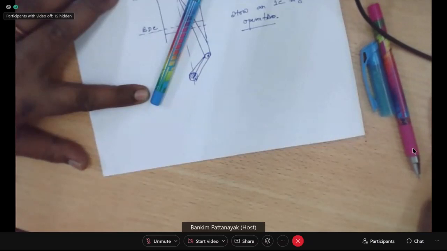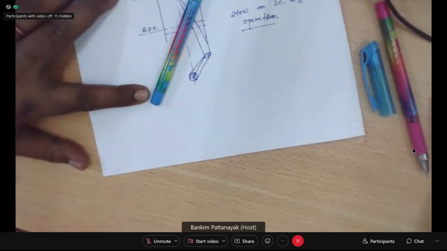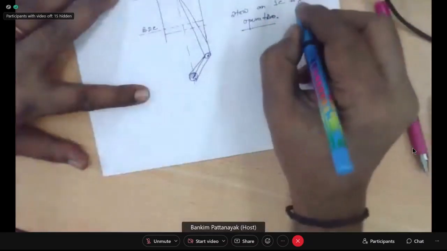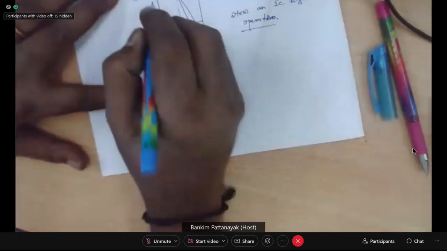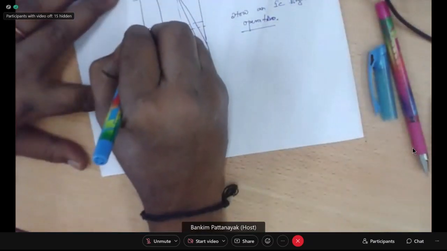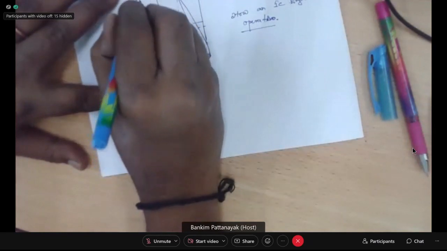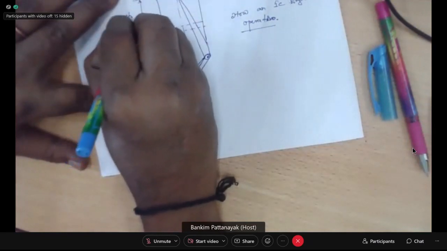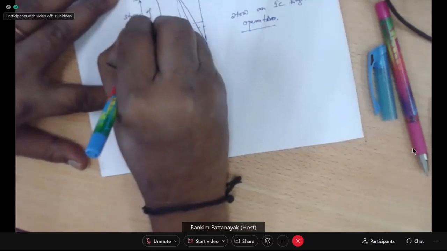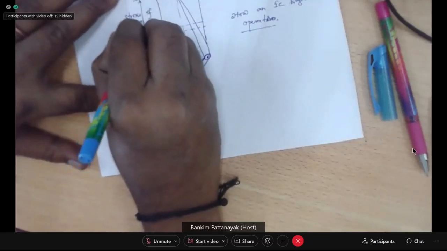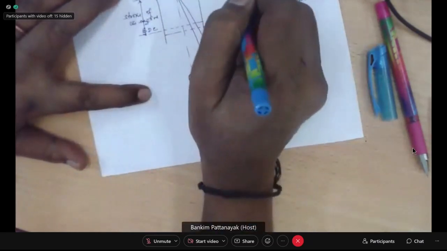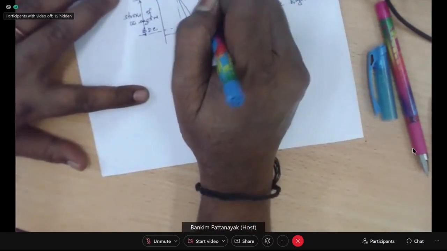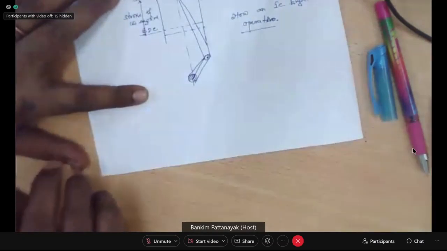In between this, the distance is called the stroke of the engine. This is simple nomenclature. So you have got a piston and cylinder mechanism, inlet valve and outlet valve.